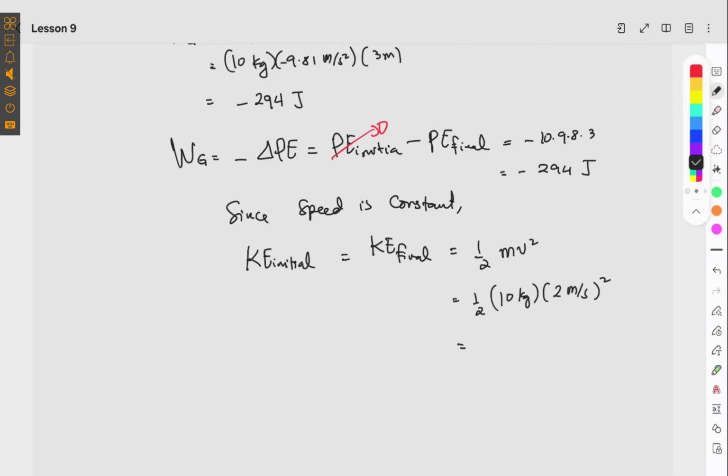The kinetic energy is simply equal to 20 joules. So this is your answer, and this is your answer.